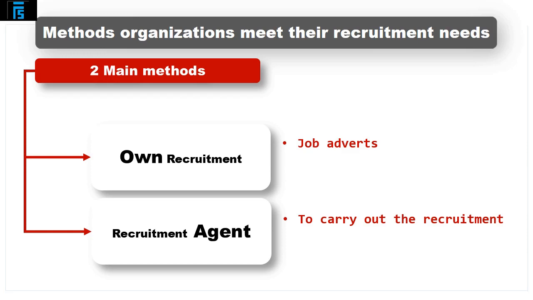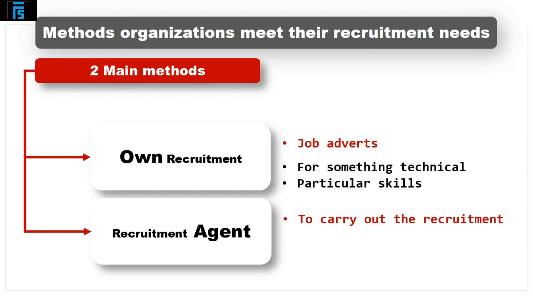Now, why would you want to perhaps carry out your own recruitment? Maybe you are looking for something in particular. That might be, for example, that something is very technical, and so you as an organisation want to make sure you hire the right people. So you want to actually place the advert, have it exactly how you want it, perhaps do all the interviewing, you perhaps want to choose everybody.